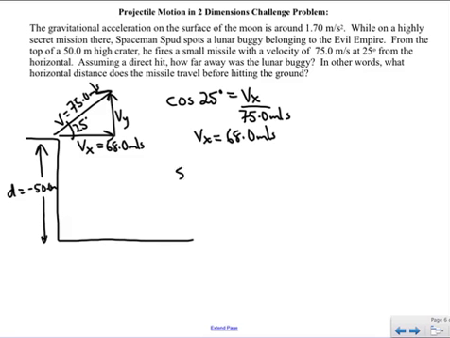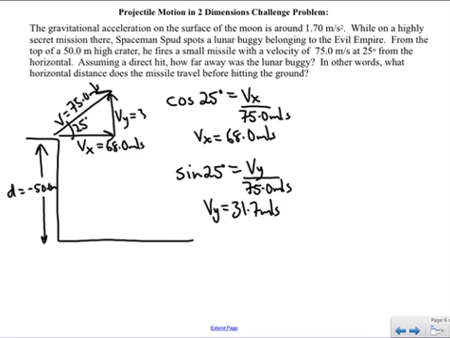Then I'm going to find the vertical component of my velocity using sine, and Vy, the y component, should be 31.7 meters per second. So I'm just going to write that in.